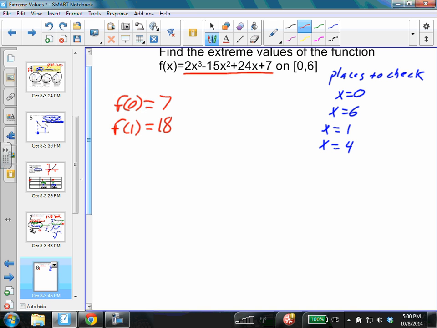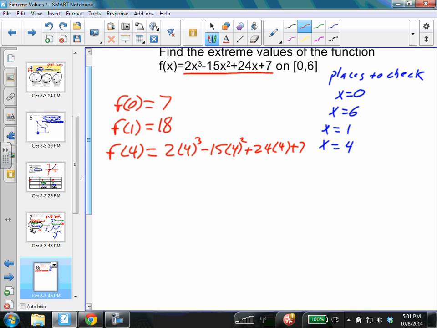Okay, and now we need to plug in the 4. So I'm going to take my calculator and plug in a 4 for x: 4 cubed minus 15 times 4 squared plus 24 times 4 plus 7, right?